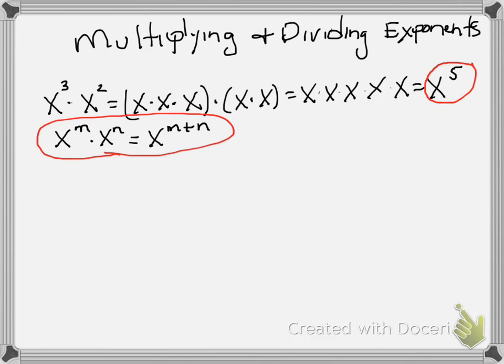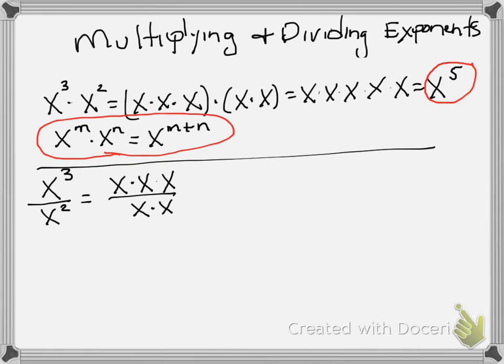So we can take this example as being the prototypical example, and for any case where we've got x to the m times x to the n, that simply equals x to the m plus n. In this case we had x cubed times x squared equals x to the 3 plus 2, which is 5. Very straightforward.